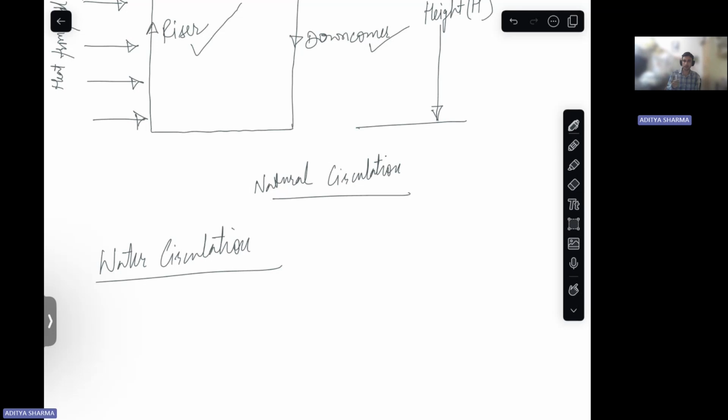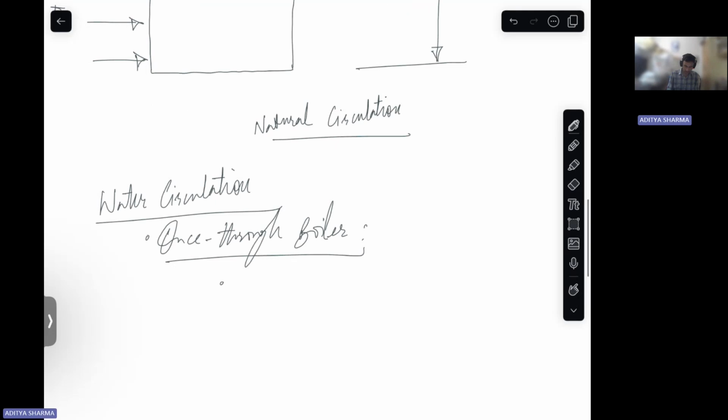So there is no bubbling in that case. All right. So if you see your once through type of boiler, here no steam drum is required. So in that case, no water circulation is required. All right.